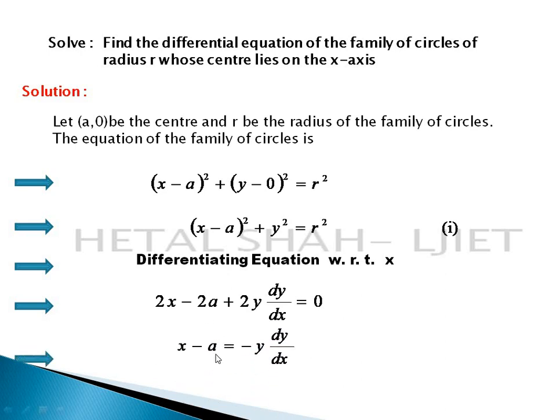By simplifying this equation, we get x minus a is equal to minus y dy/dx, and we substitute the value of x minus a in equation 1 because we want to eliminate this arbitrary constant. So (minus y dy/dx) whole square plus y square is equal to r square.